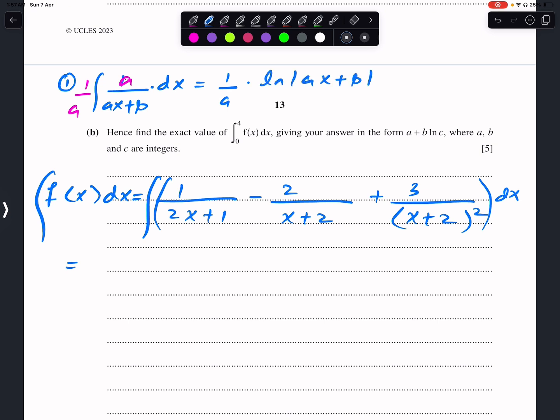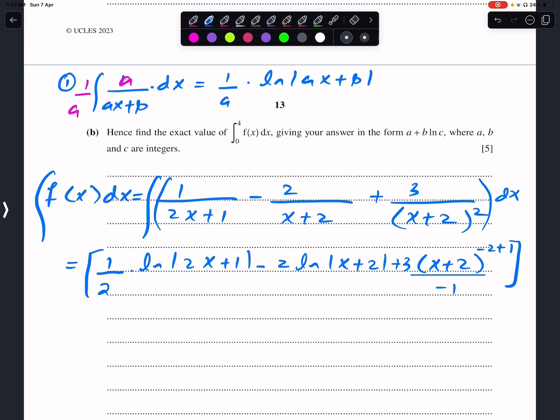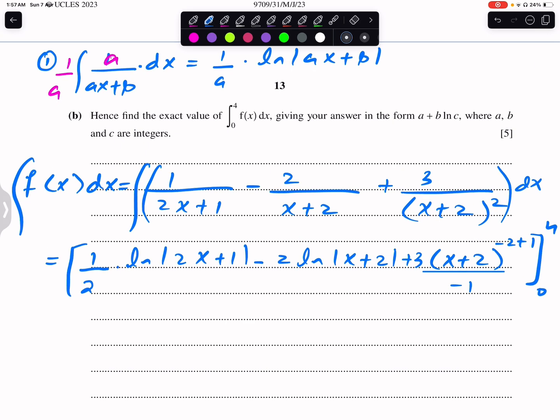The same formula we used in the previous question. So the final answer will be 1 over 2 times natural log of 2x plus 1, and then again minus 2 times natural log of x plus 2, because the derivative of x plus 2 is 1. But this time you will apply the power rule of integration. So minus 2 plus 1 is simply minus 1 divided by minus 1, and whole integral limits, that is from 0 to 4.